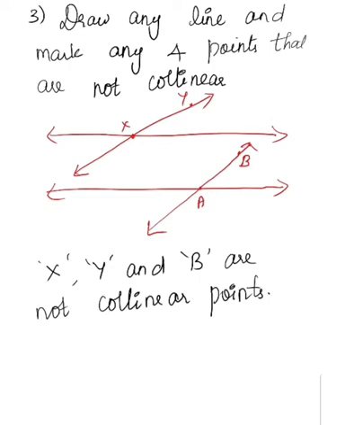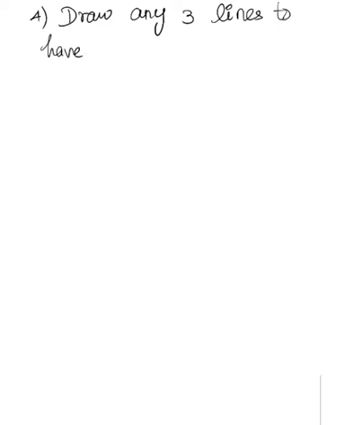Then the fourth question: draw any three lines to have a point of concurrency. Concurrency means the lines should lie in the same point.